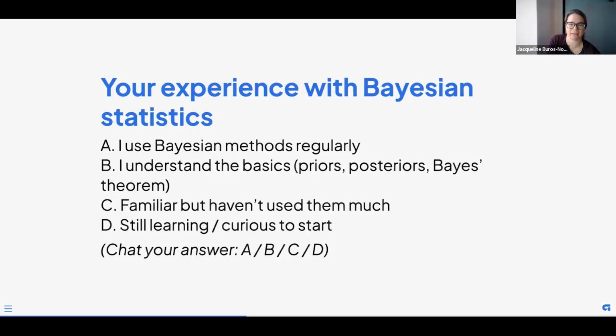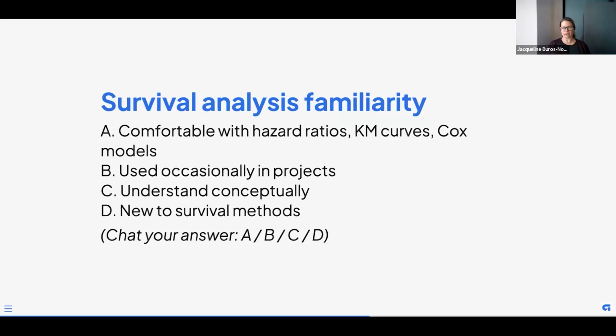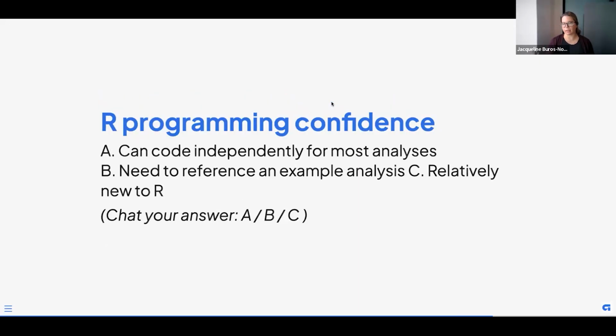The next question has to do with survival analysis. The question is how comfortable you are with survival analysis, because the content will build on this as a foundation, and this will help us make sure we describe the right features of survival. The third has to do with your R programming confidence.